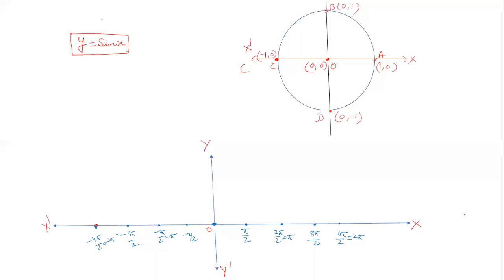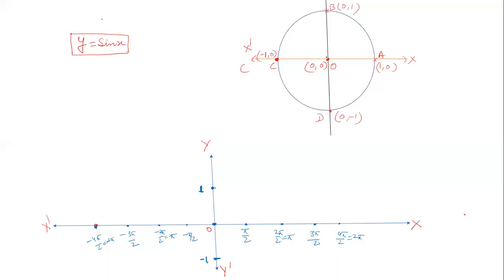And here we will take, say, this is 1, and this is minus 1. On the y-axis we will take distance in numbers, and on the x-axis distance will be taken in radians.